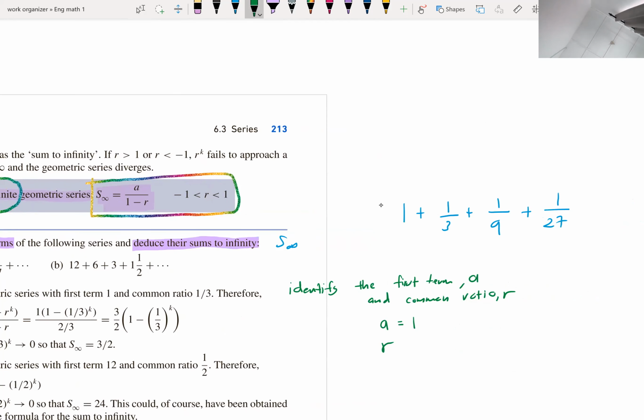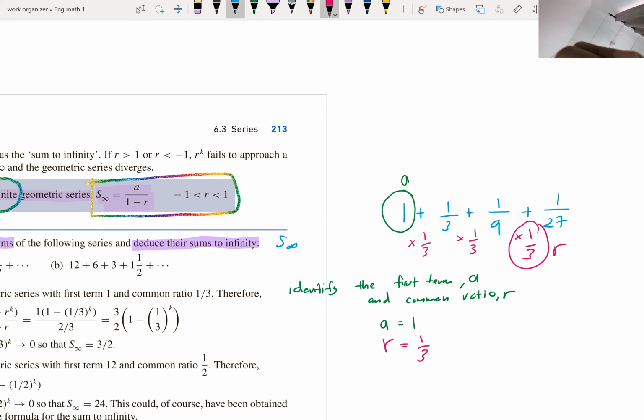This one is A, the first term, and then the common ratio is what we multiply by each time, which is 1 over 3. So A is 1 and R is 1 over 3.